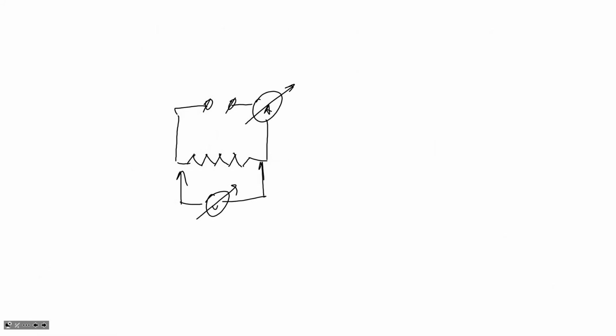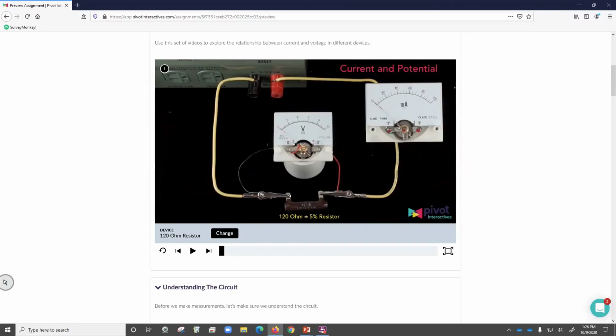That's your circuit. And in this situation, this is the device. You need to ignore this value because in reality it's not exactly 120 and you actually have to measure it. So power supply, voltmeter, ammeter. Just pay attention to units. And now you take data and you get something like this.